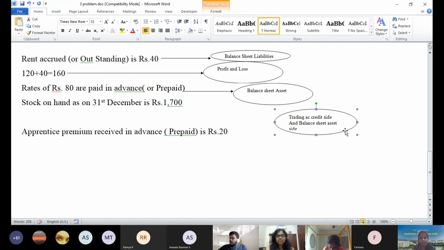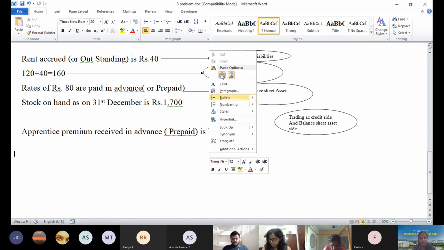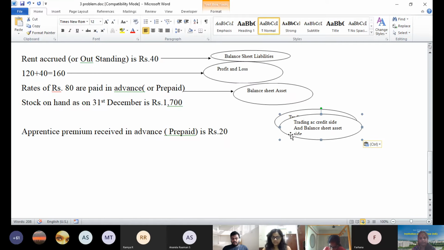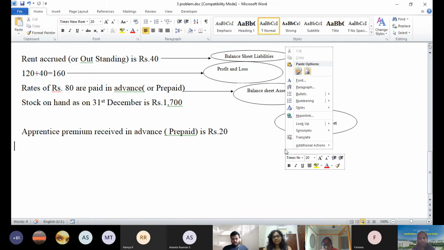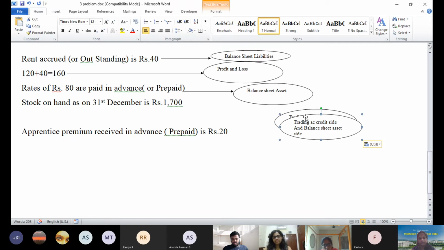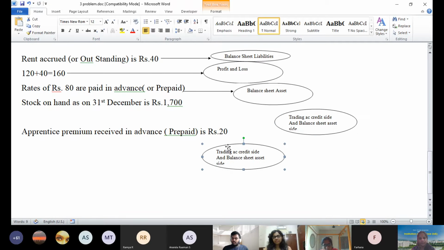So the next thing here, what I'll do is apprenticeship premium, trading. So for apprenticeship premium also, it's trading account credit side and balance sheet, asset side or liability. Where does the advance come? Asset. Apprenticeship premium is already in the trading account credit side.